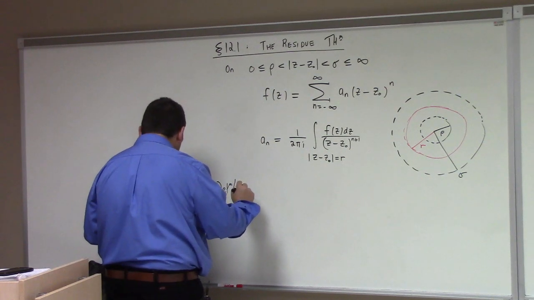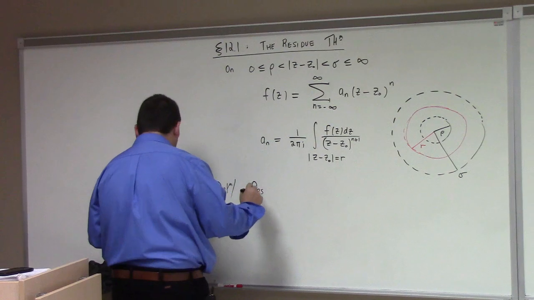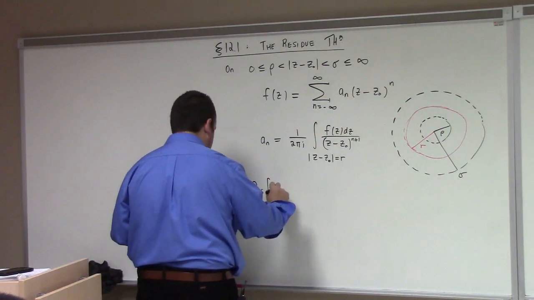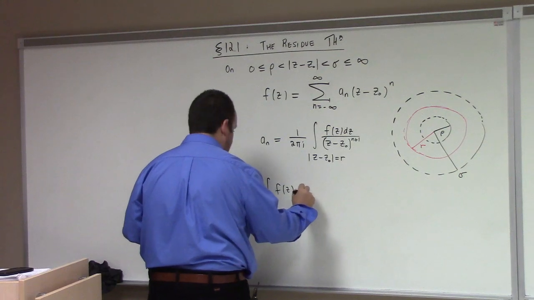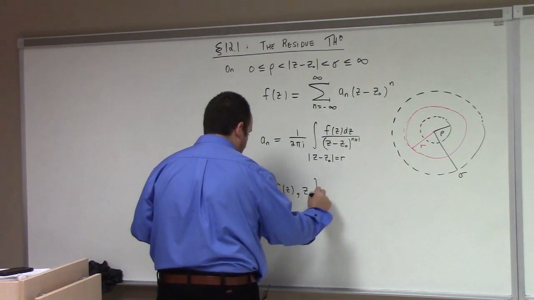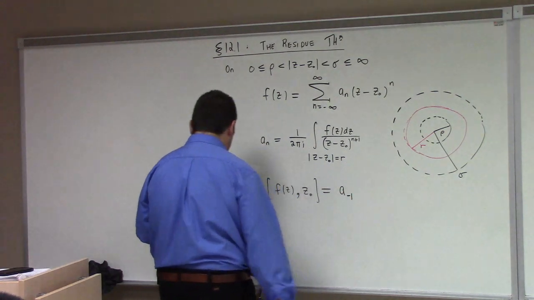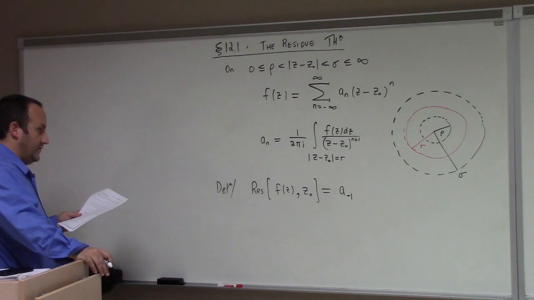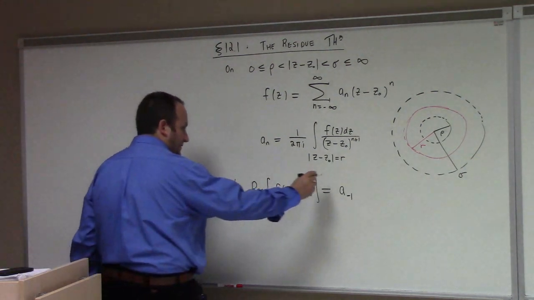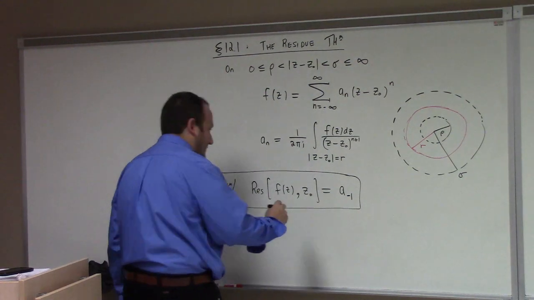So we make a definition that the residue of f of z at z naught is equal to a sub minus 1. All right. And of course, if you just focus our attention on the residue, what's the significance in terms of integration?